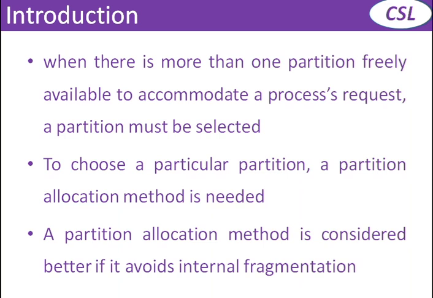There are different methods available, and among those, we need to identify the one which avoids internal fragmentation. So the overall concept is, for a process request, if the memory has multiple partitions for accommodation, we need to choose a particular partition, and for that we can follow one allocation method. Which method avoids internal fragmentation? That is the best method.